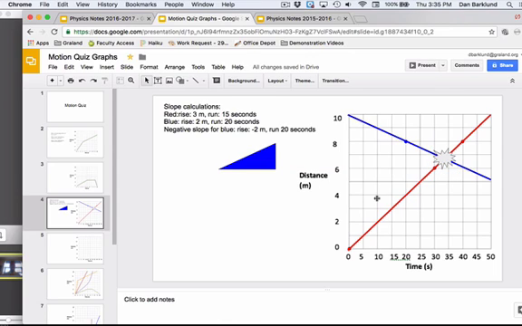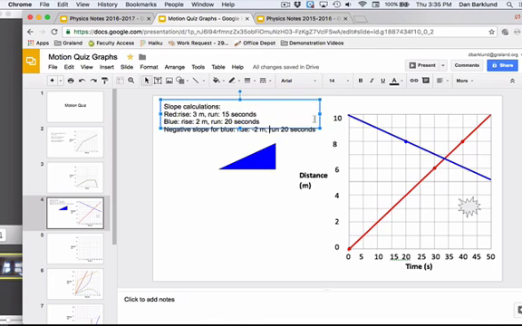I probably shouldn't draw that same thing on there because it's going to be hard to actually see the collision. The collision looks like it's going to be happening at, that's 7 meters, so it's not 6.5, it's more like maybe 6.75 meters, and at a time of about 34 seconds.